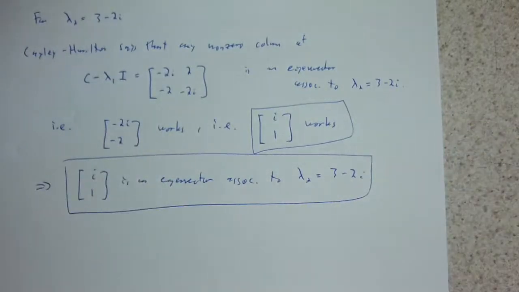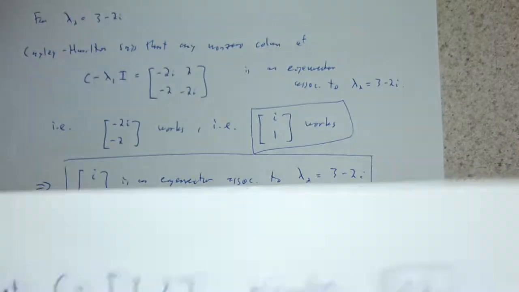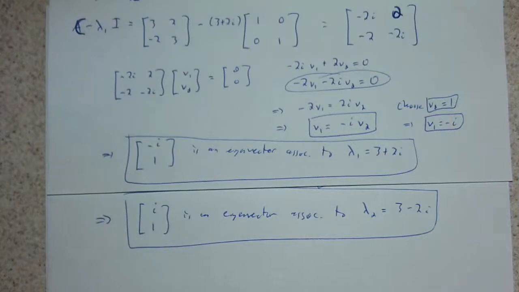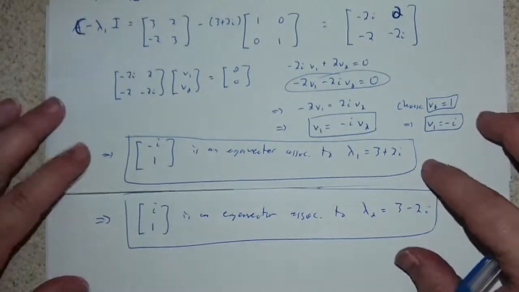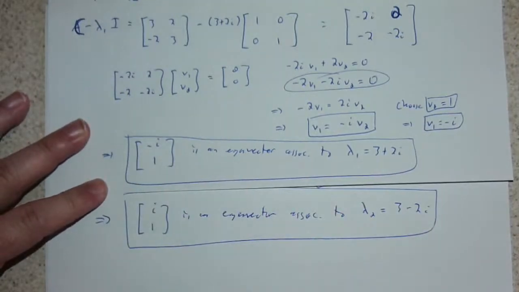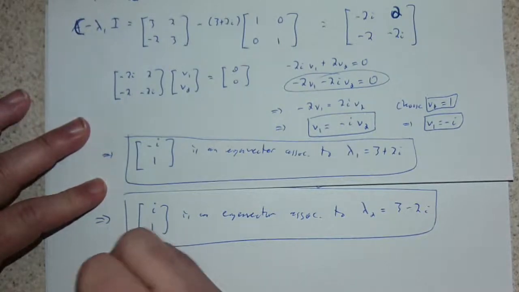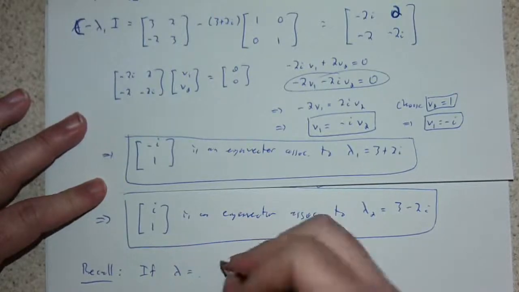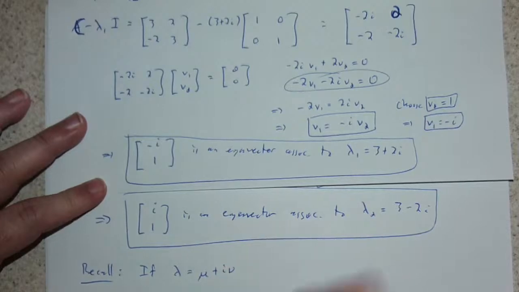Now, I want you to ponder hard here. We have found two distinct eigenvectors for these two distinct complex eigenvalues. Do you notice anything about them? Recall, if lambda is a complex number, we'll call it mu plus i nu.